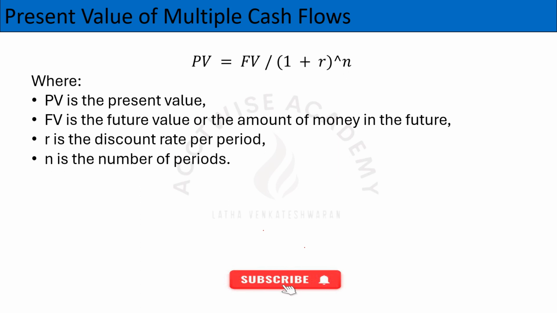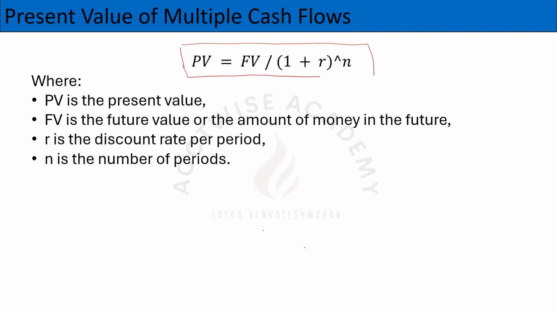Formula for finding present value of multiple cash flows. The formula is the same as for a single cash flow. PV is equal to FV divided by 1 plus R the whole power n.